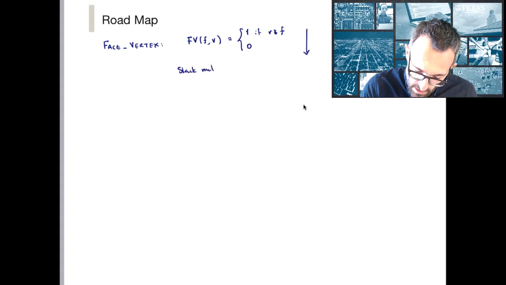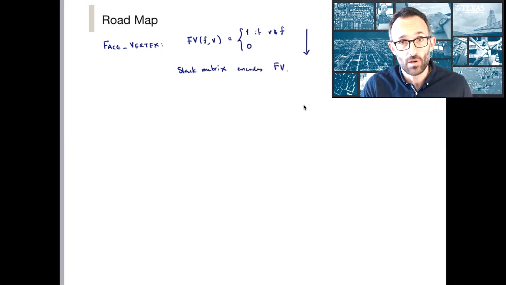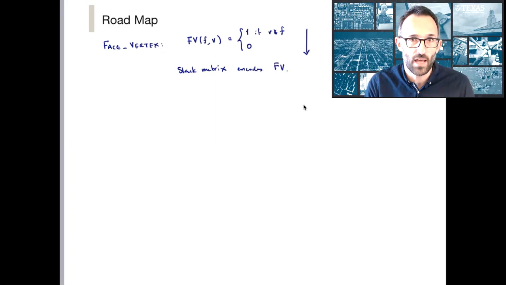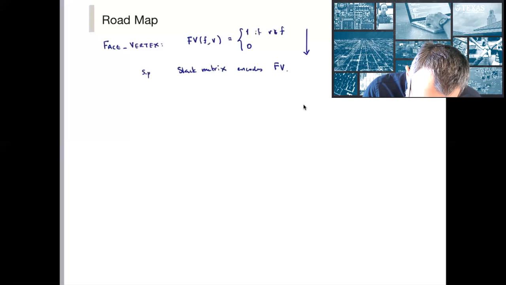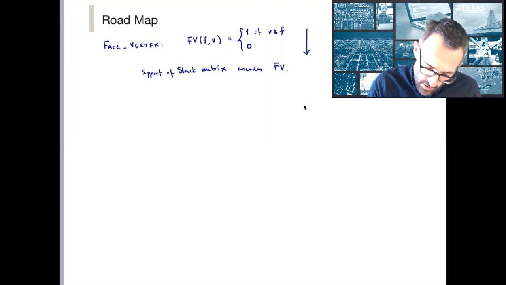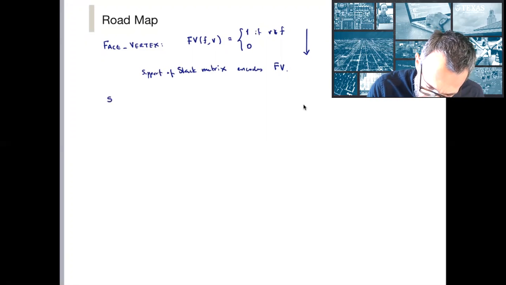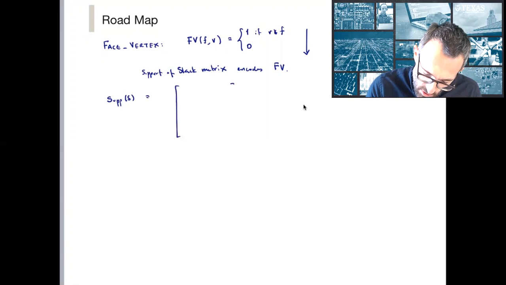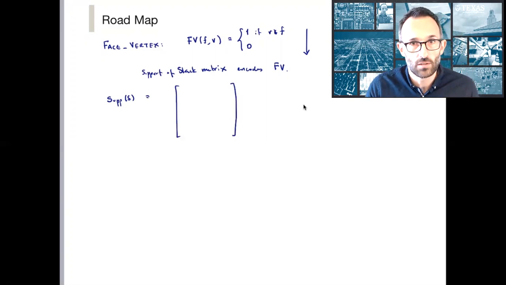The slack matrix encodes FV. And in particular, the support of the slack matrix, where it has zeros and non-zeros, encodes FV. So let me add that. The support of the slack matrix encodes FV. So let's remember what this slack matrix is, or actually, I will just write the support of the slack matrix. This is a very large matrix where its columns correspond to vertices.